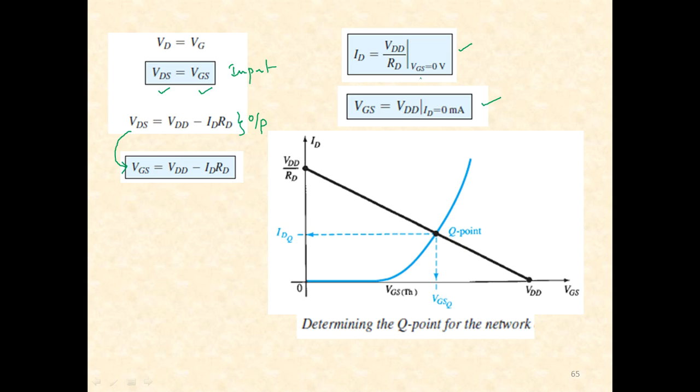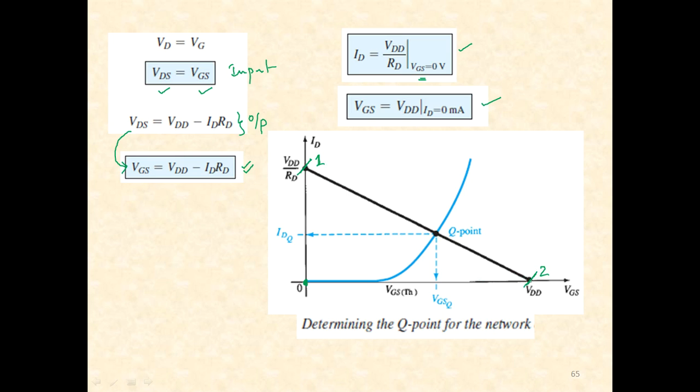When VGS is equal to 0, then ID equal to VDD upon RD. So that's the first point. The second point is when ID equal to 0 milliamperes, VGS equal to VDD. So that's the second point.